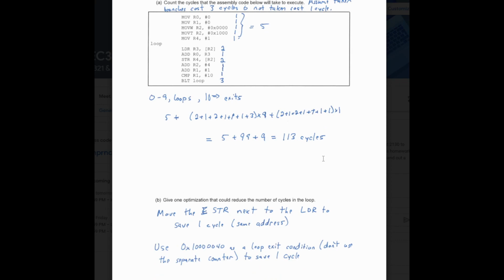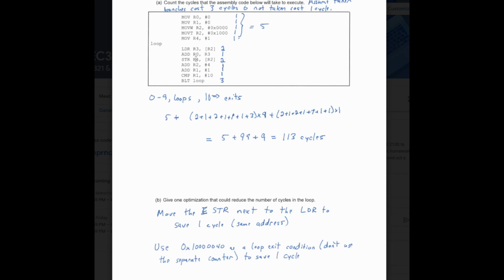Give one optimization that can reduce the number of cycles in the loop. So there are potentially more answers here. I just gave 2 that are good ones here. So the first one is because this load R3, R2, and then the store R4, R2 doesn't depend on this instruction here. So the add R0, R3 doesn't change R4 at all.